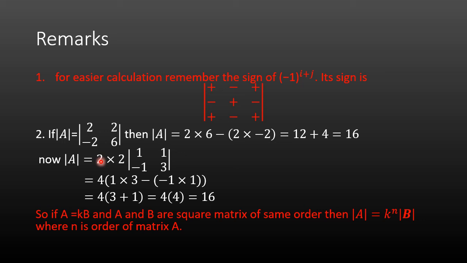Here the number multiplied is 2, and in the matrix it is 2 into the matrix 2 2, minus 2 6, right? Therefore here K is equal to 2, n is the order of the matrix, that is 2 by 2, and the determinant of B is this 1 1, minus 1 3, right, student? So remember, if A is equal to KB, then the determinant of A will be K raised to n into the determinant of B.